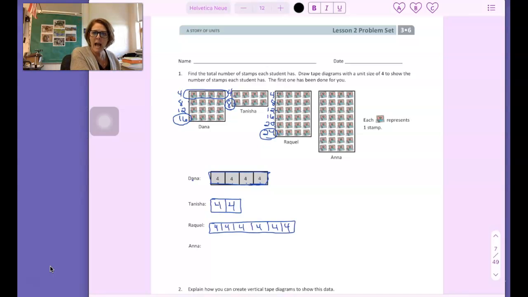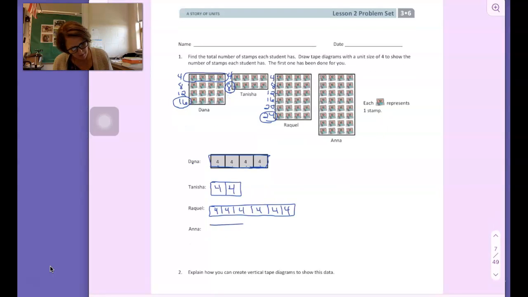Go ahead and count how many groups of 4 stamps Anna has. Did you come up with 8? She has 8 groups of 4 stamps. One, 2, 3, 4, 5, 6, 7, 8.